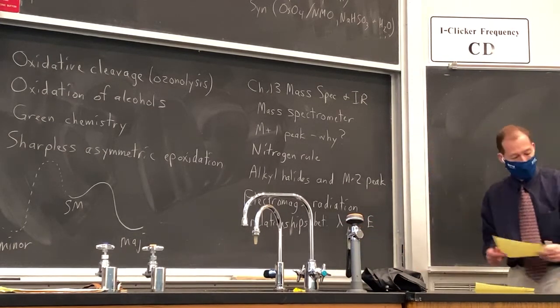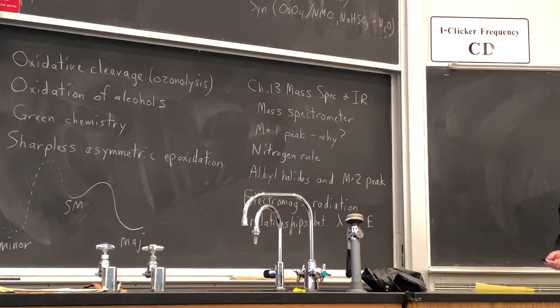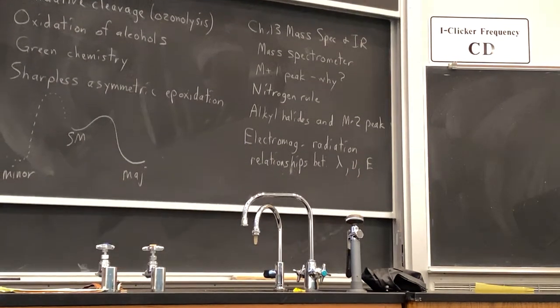Okay, so we know that wavelength and frequency are inversely proportional. We know that frequency and energy are directly proportional. So higher energy radiation has a higher frequency and a smaller wavelength. Okay, so those were the key things in regards to electromagnetic radiation.